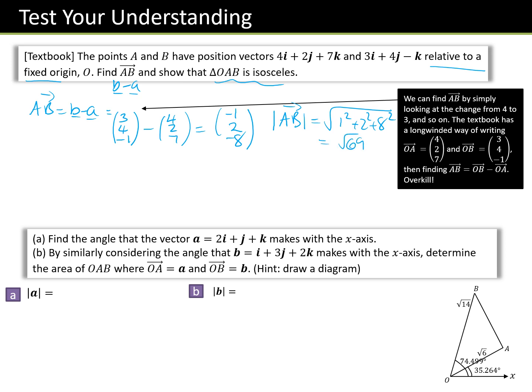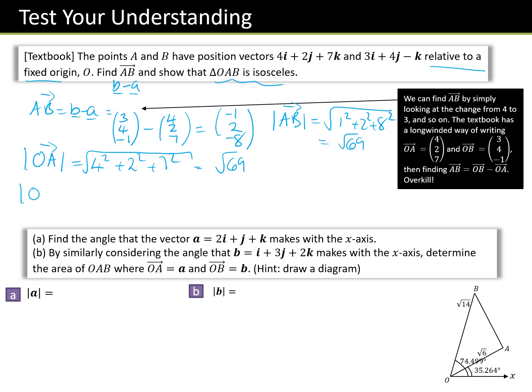Now what we need to do is apply the same magnitude to all the other sides of the triangle, which is going to be OA and OB. So OA, as we can take O as the origin, is just this journey, (4, 2, 7). So that's going to be 4 squared plus 2 squared plus 7 squared, and take the square root of that, and that does come to root 69.